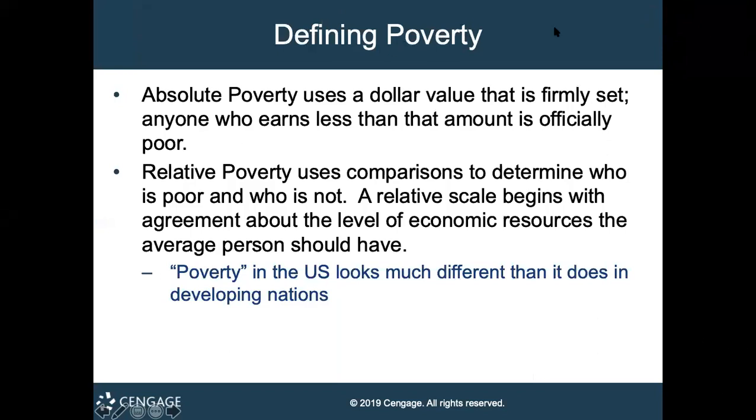Okay, so defining poverty, first of all. Before we get into this too much, I just want to point out that this, like a lot of the subjects that we cover, can be a little bit triggering because it's difficult to talk about some of these issues without feeling like there's some stereotyping going on.